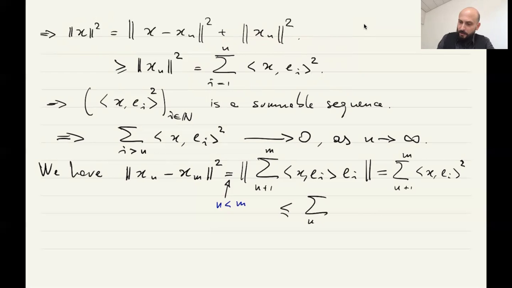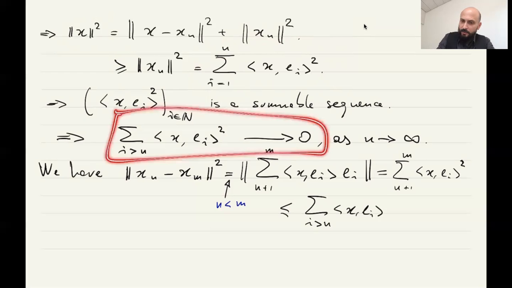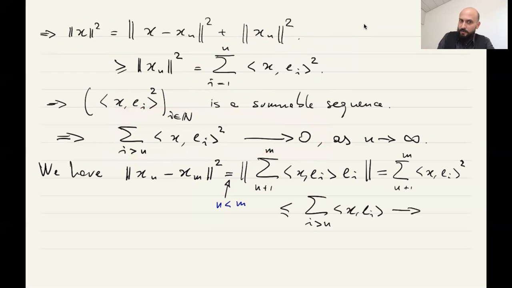So I can write the sum for i greater than n of <x, e_i> square, which we said before goes to 0 as n goes to infinity.